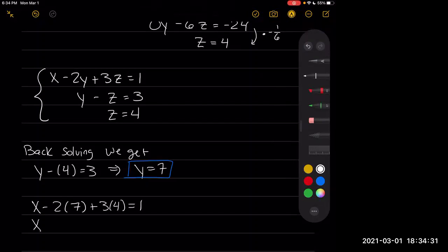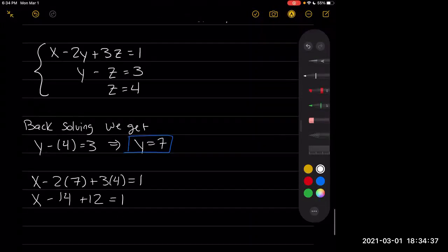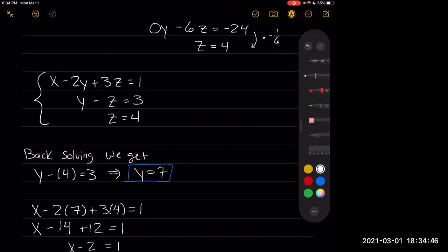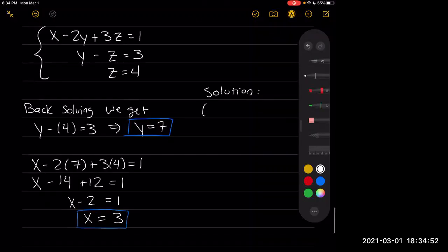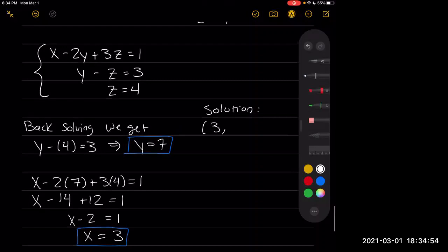So this is x minus 14 plus 12 equals 1. x minus 2 equals 1, so x equals 3. So this means that our solution is 3, 7, 4.